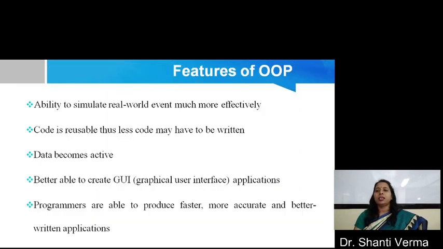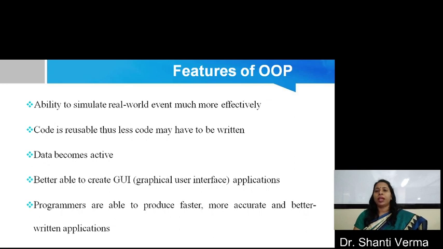Now let's discuss some fundamental concepts of object-oriented programming. Basically, object-oriented programming has the ability to simulate real-world events much more effectively. In object-oriented programming, code is reusable, so we can use code anywhere else in the program.